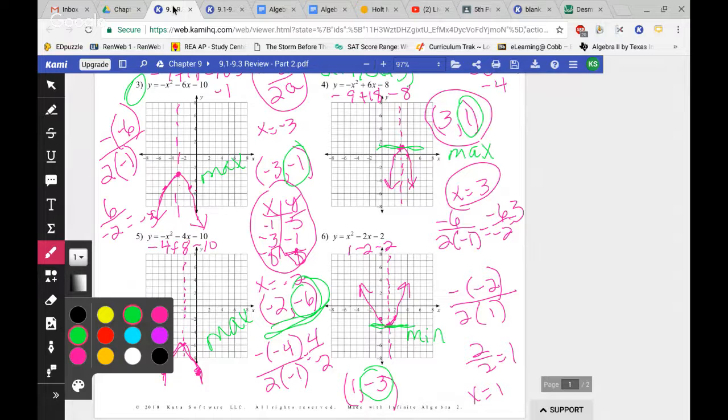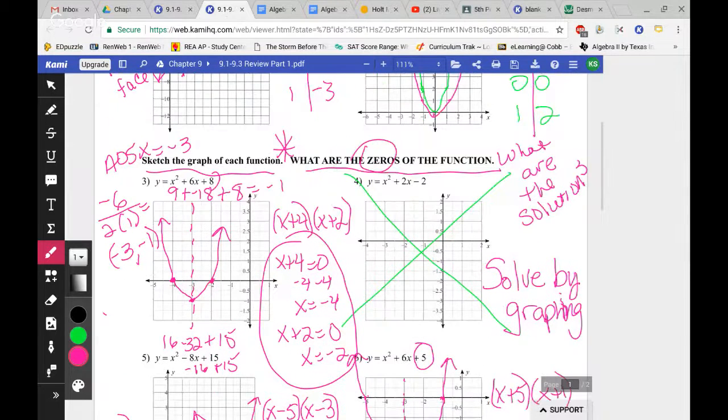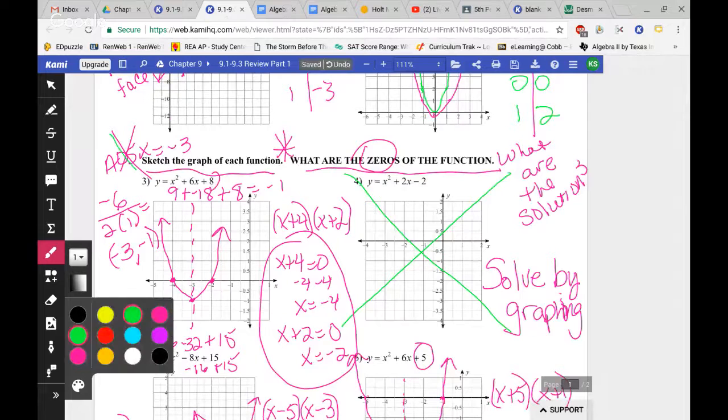Just to be double sure that you're going to understand everything, tomorrow, on these, on 3 through 6, on part 1 of the review, that is going to be asked by graphing.